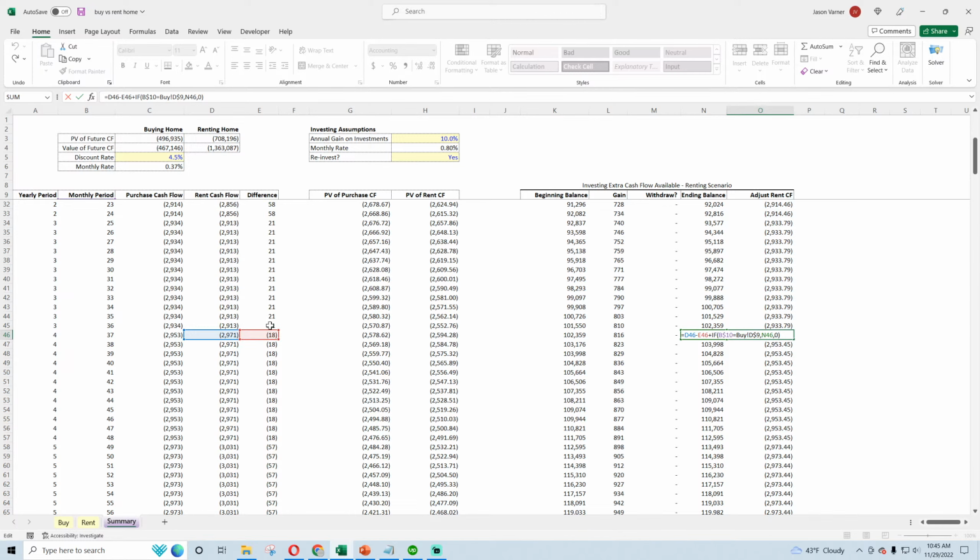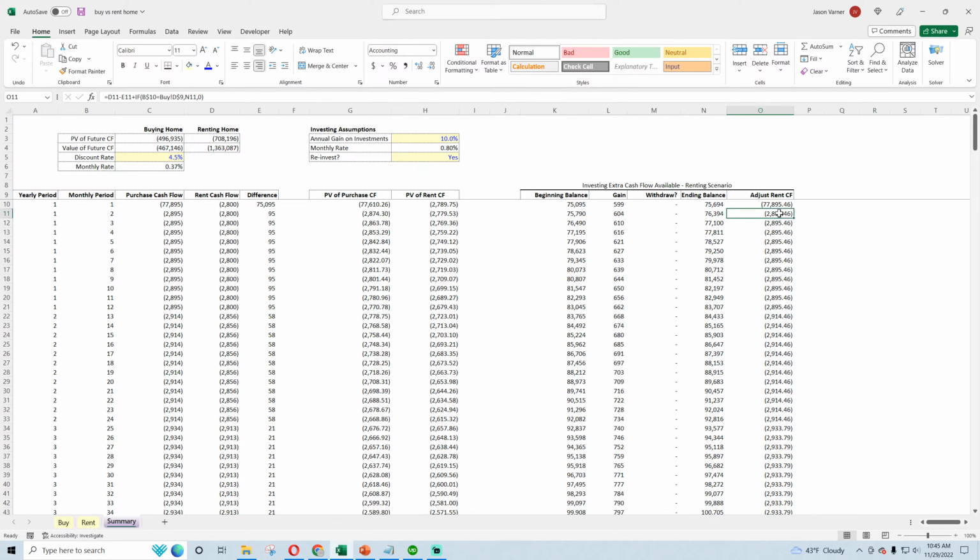So if column E, okay, so for E we want to say minus the maximum of this or 0. I believe it's the correct calculation.